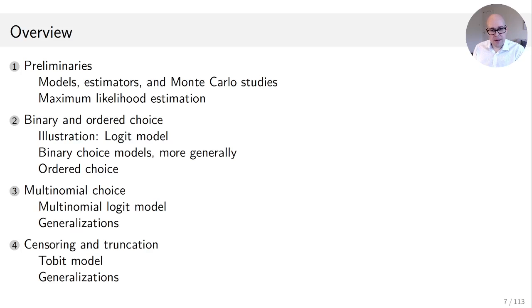Good. The second part is entitled binary and ordered choice. So binary choice is when you have a binary variable on the left-hand side, right? You want to explain a 0-1 decision, let's say, whether or not people go to college, whether or not people have children, whether or not people work, etc. So we're going to talk about this specifically in terms of the logit model.